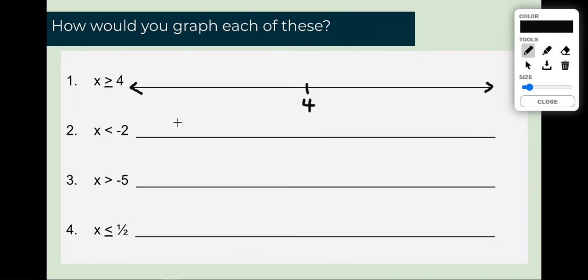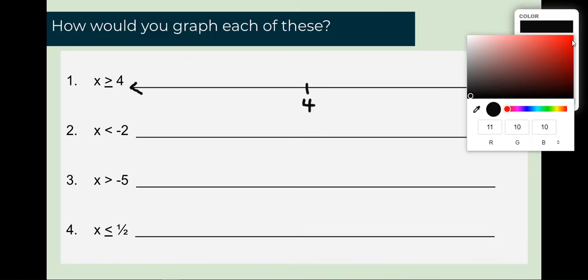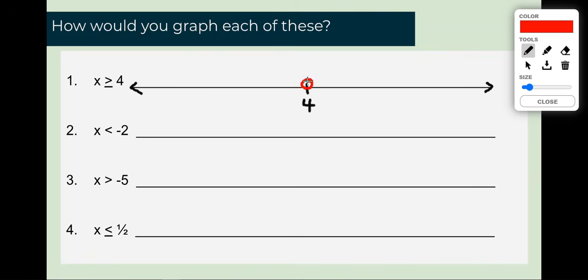And now I'm going to identify, first of all, is it greater than or less than? Okay, it's greater than. So it's going to be any number that's bigger than 4. And it's greater than or equal to, so it can be equal to the number 4. I'm going to include it as a closed dot.